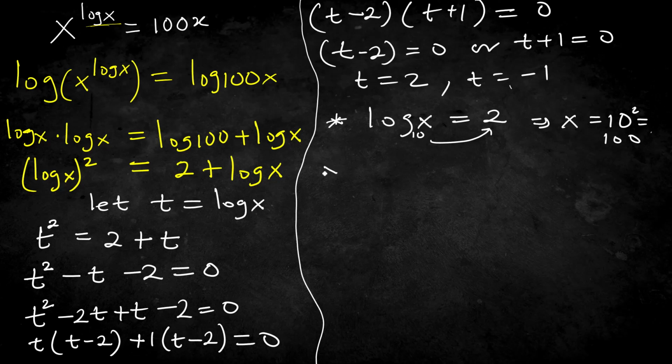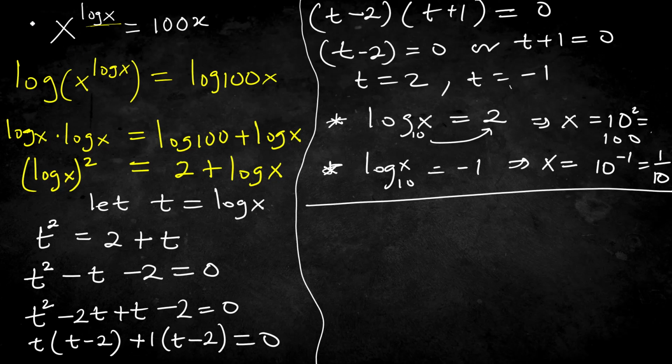And also log x base 10 equals minus 1. So we have x equals 10 to the power minus 1, which is 1 over 10. As simple as that. Now we have x equals 100 and x equals 1 over 10. Now let's verify our answer here.